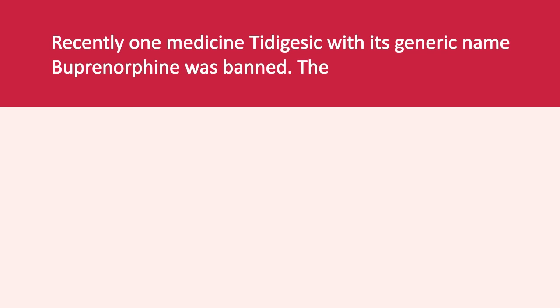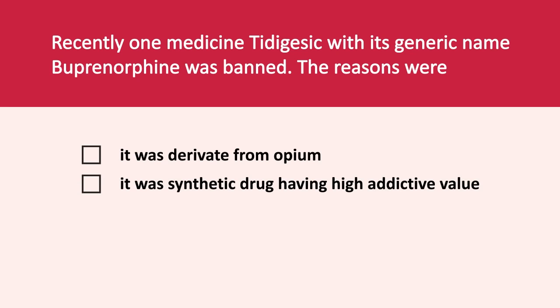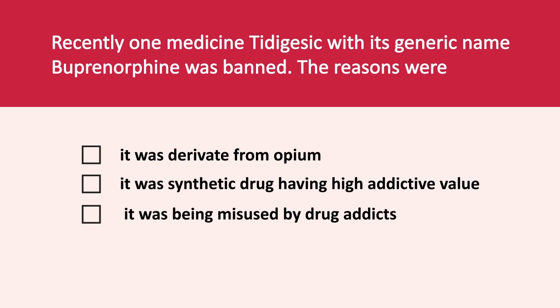Some of the questions can be current based, such as recently one medicine, Tadegesic, and its generic buprenorphine was banned. The choices that can be given can be: it was derived from opium; second, it is a synthetic drug having a high addictive value; third, it was being misused by drug addicts. Now, it becomes really very difficult for a candidate to answer such a question correctly, largely because the drug has been banned because of its synthetic drug base, because synthetic opiums have a very, very high addictive value.